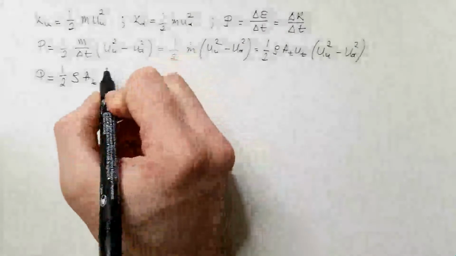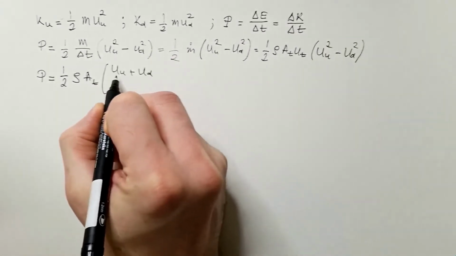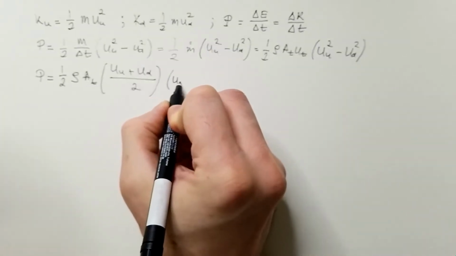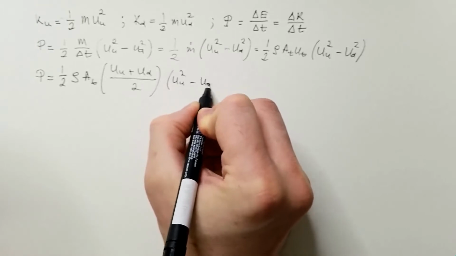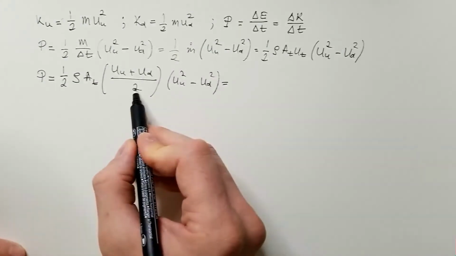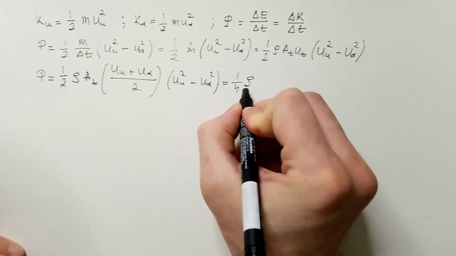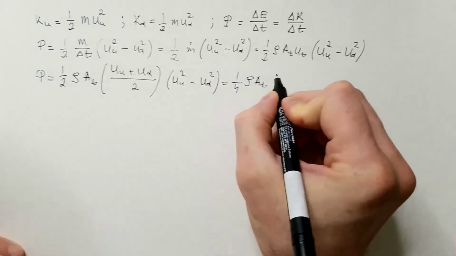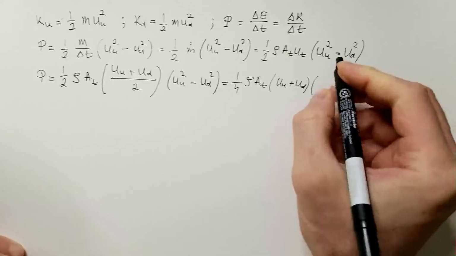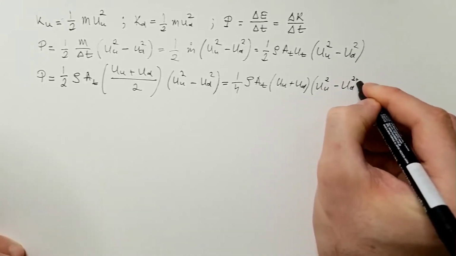So we will insert that, U upstream plus U downstream over 2, times this U upstream squared minus U downstream squared. Or that is further equal, I multiply this 2 and this 2 to get 1 over 4 rho A_T, U upstream plus U downstream, U upstream squared minus U downstream squared.